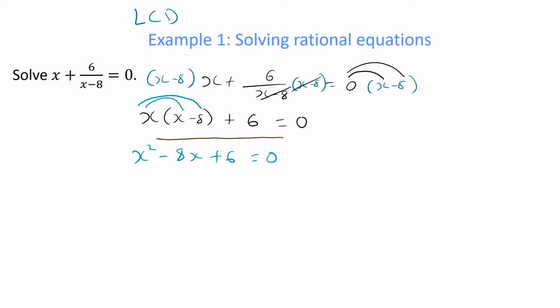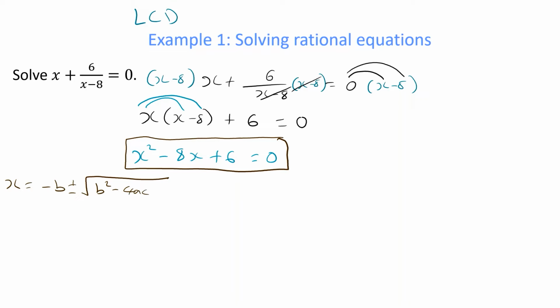What we have here is a quadratic equation. Now we have learned we can solve quadratic equations using several different methods. The two most popular methods are solving by factorizing and solving using the quadratic formula. In this case, we will use the quadratic formula. The quadratic formula is x = (-b ± √(b² - 4ac))/2a.